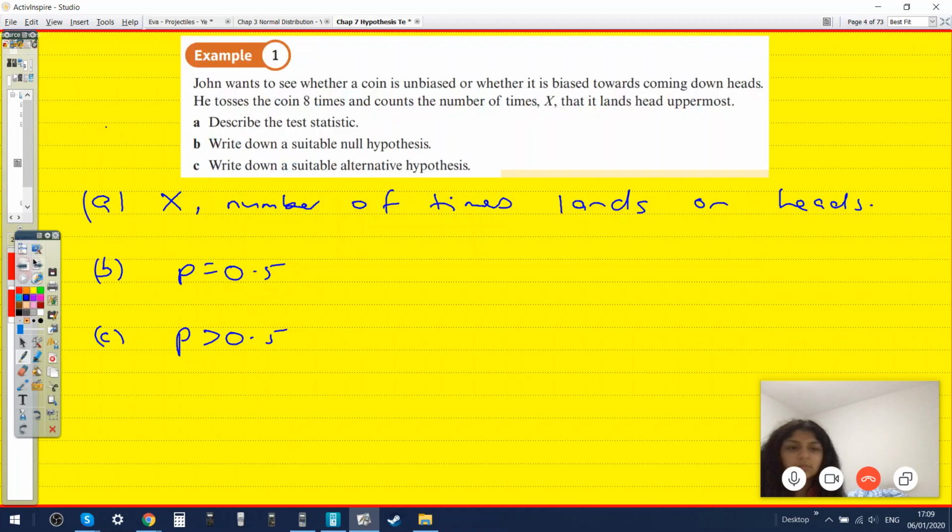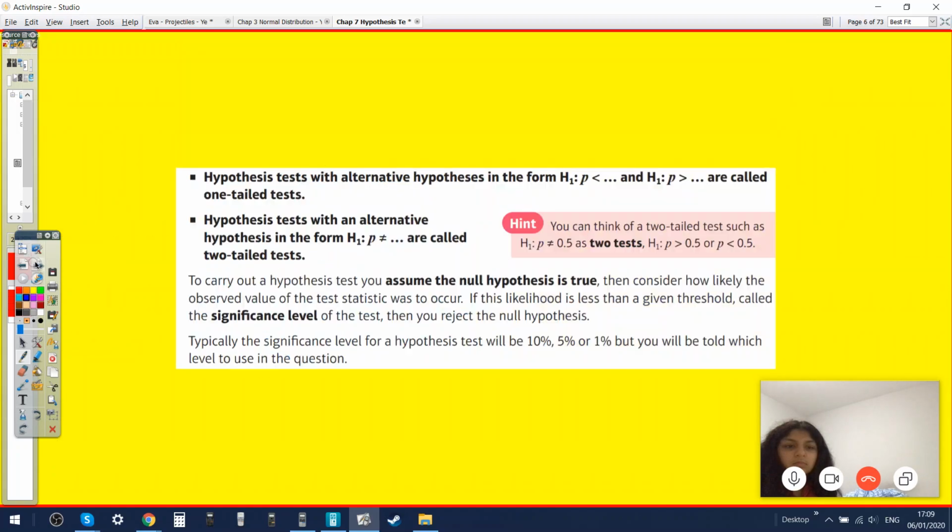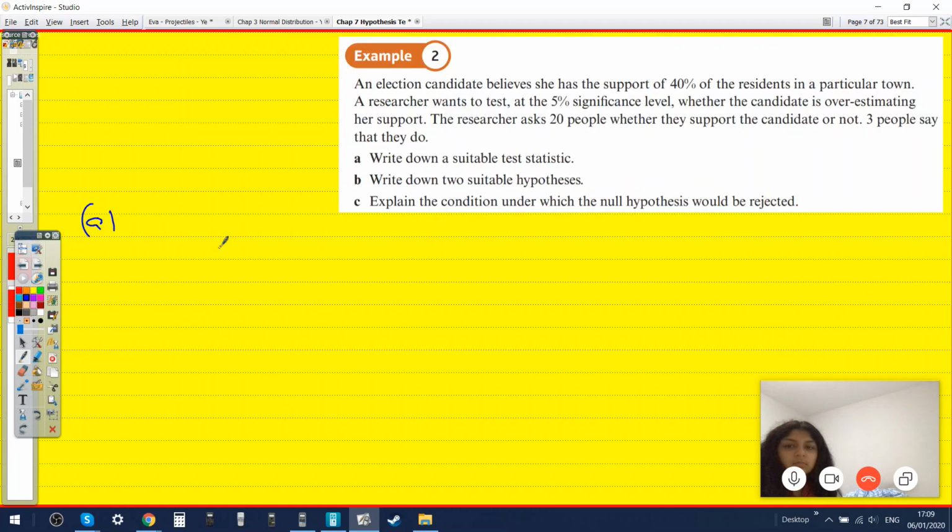You can imagine if they flipped this coin and it landed on heads 3 times, X wouldn't be 3. In this case, X was just the number of times. Oh, I see what you're saying. But you have to describe it in words, I believe. The number of people who support the candidate.